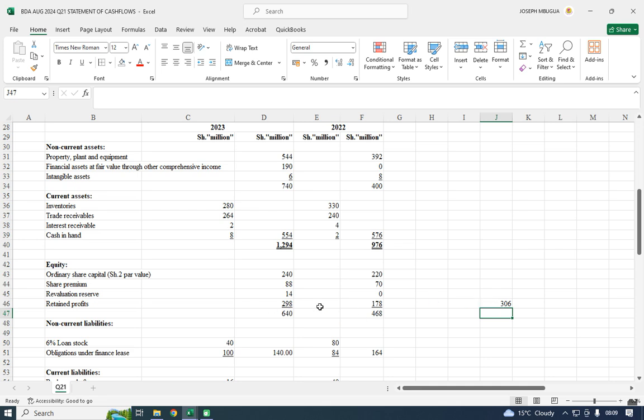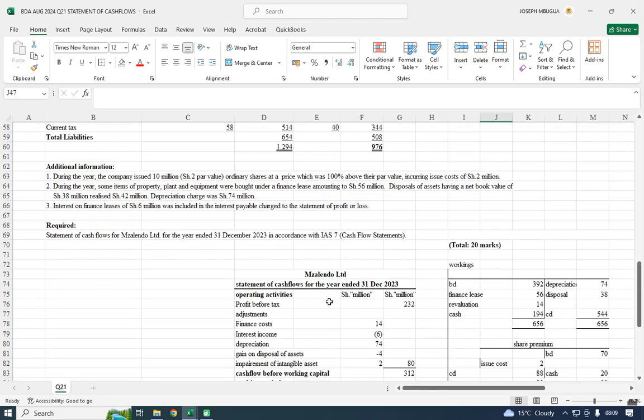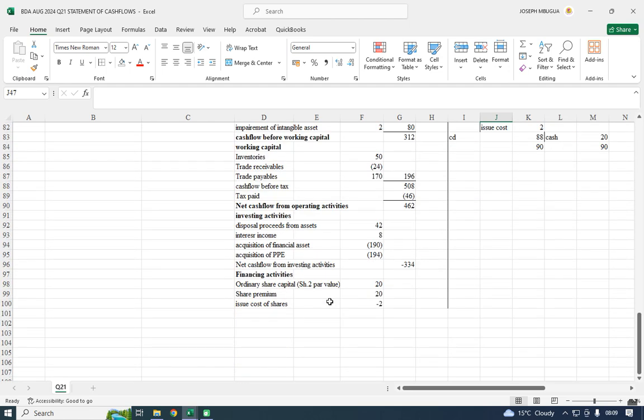It means there are some values that are not adding up under the retained profit. We shall see that. Let us first continue, and we shall come and deal with those values.